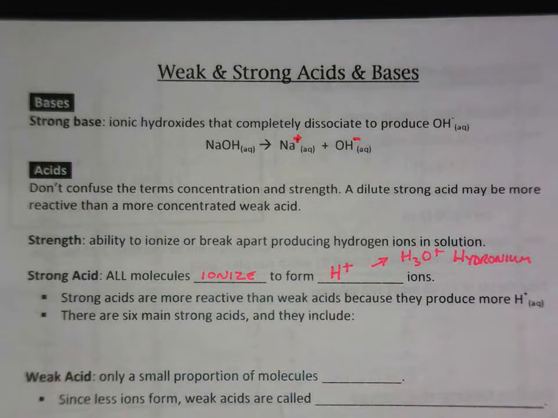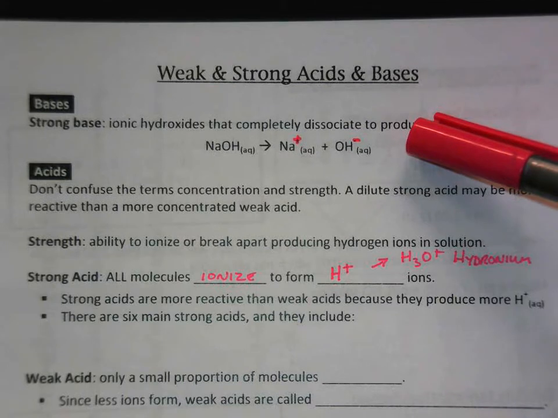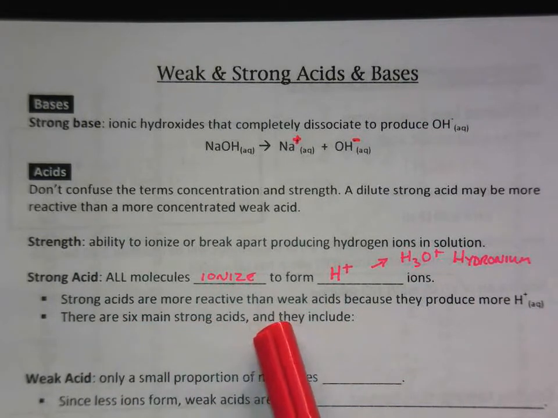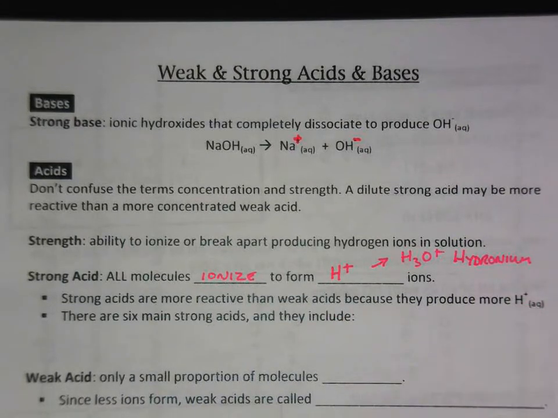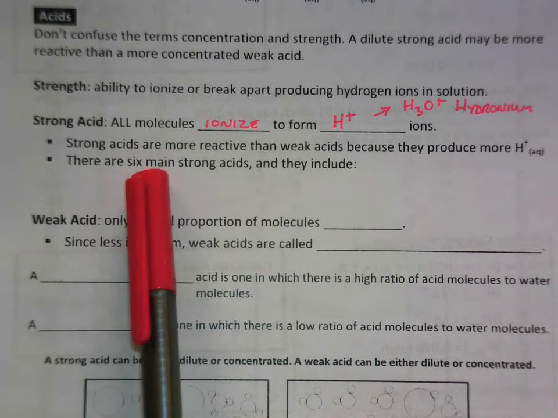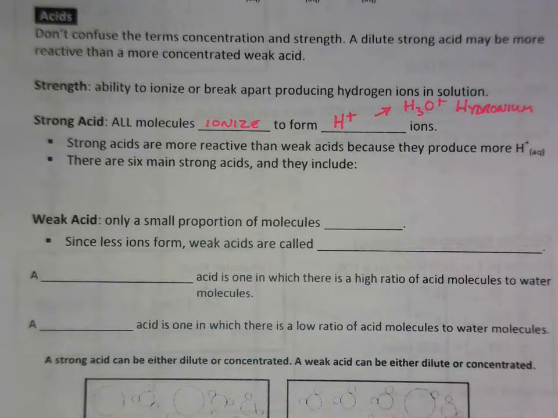For now, strong bases ionize completely. Strong acids ionize completely. Strong acids are more reactive than weak acids because there's more H pluses in solution to react. In general, we talk about 6 main strong acids.